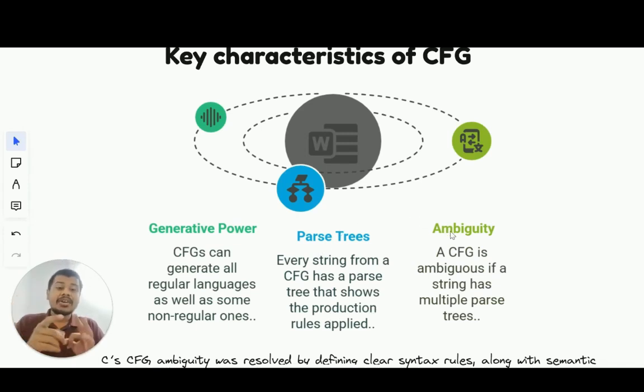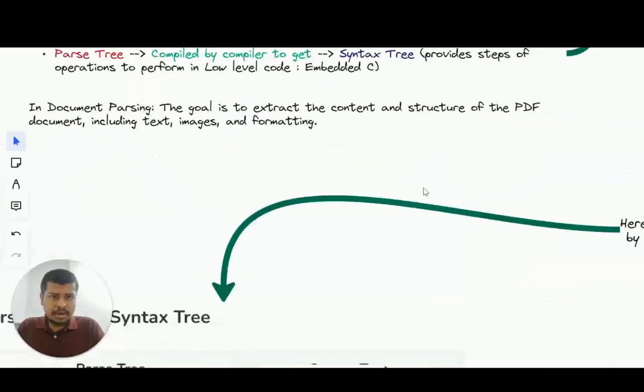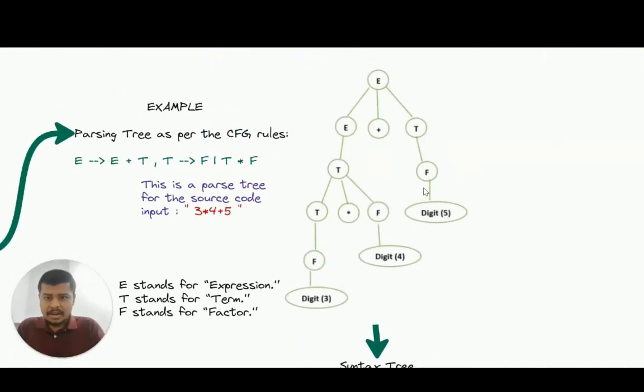And then the third characteristic is ambiguity. What do we mean by ambiguity here? For a particular single string, a variety of parse trees could be possible. For example, let me show you the example that we had here, right? For this single statement, 3 star 4 plus 5, here is one example of a possible parse tree.